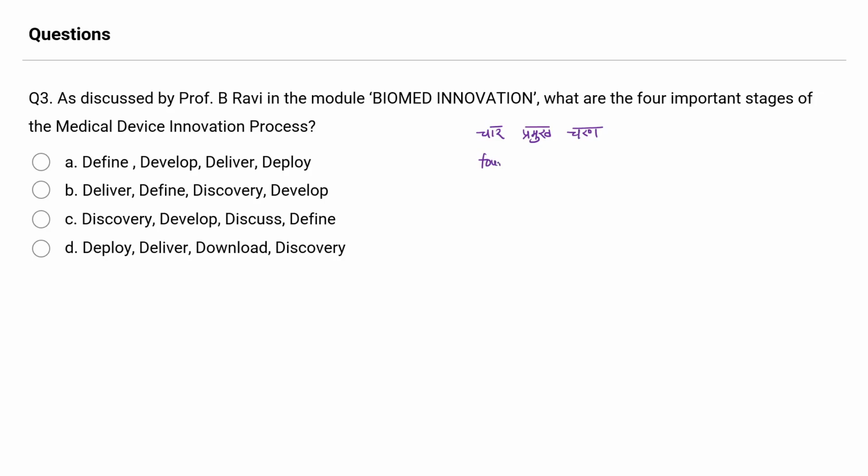Four important stages of the medical device innovation process. So take your time and let me know what could be the right answer. You can text on the Google chat and we'll see.